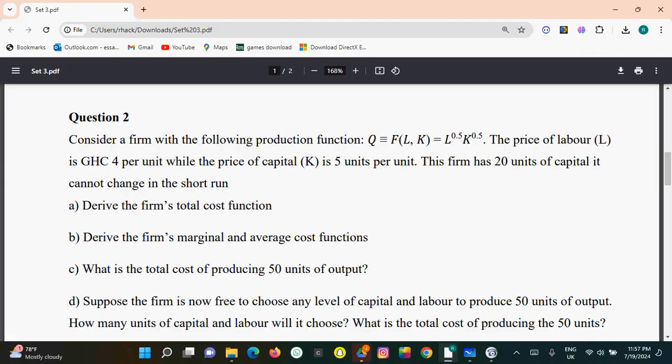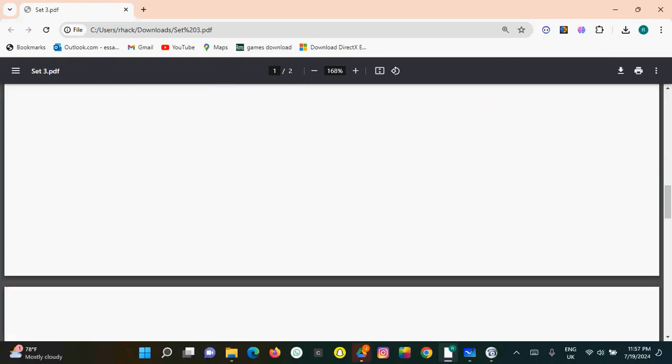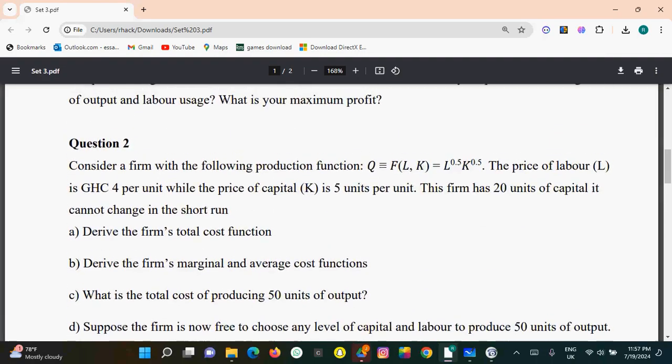And then also, suppose the firm is now free to choose any level of capital and labor to produce 50 units of output. How many units of capital and labor will it choose? What is the total cost of producing 50 units? And so we are going to do this right now.